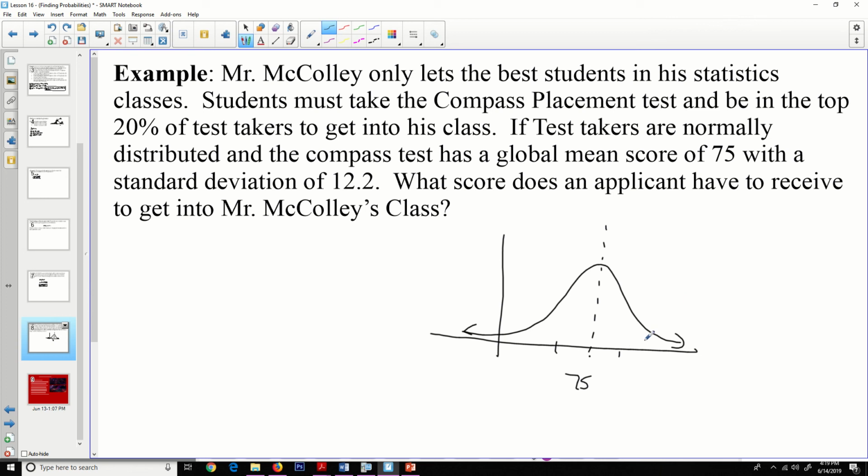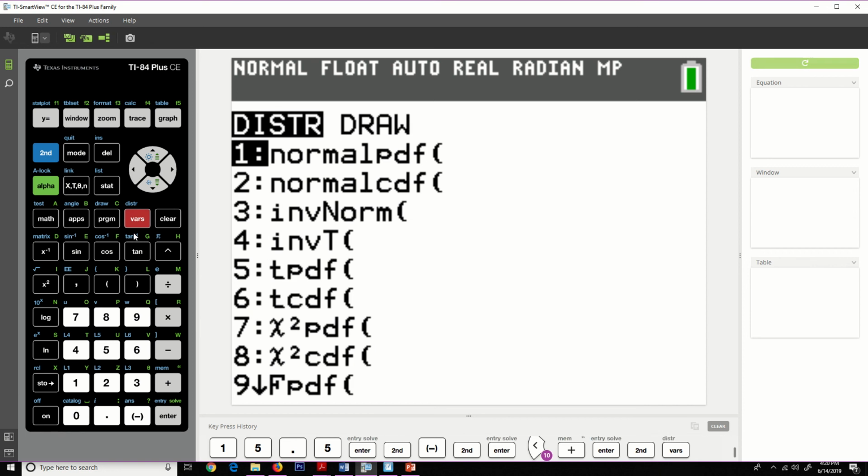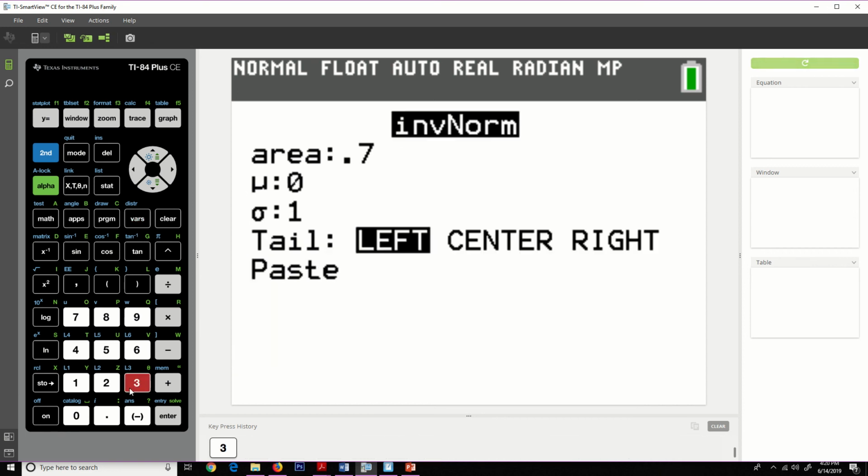We want to be in the top 20%, so they would be in the 80th percentile. We can still use the inverse normal feature because we're given a percentile.